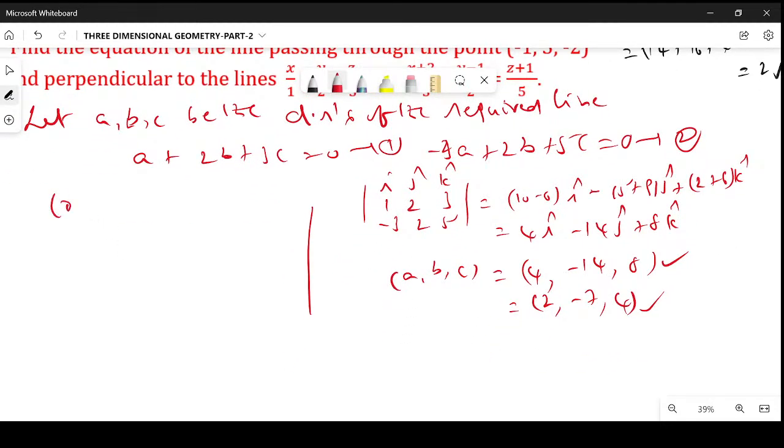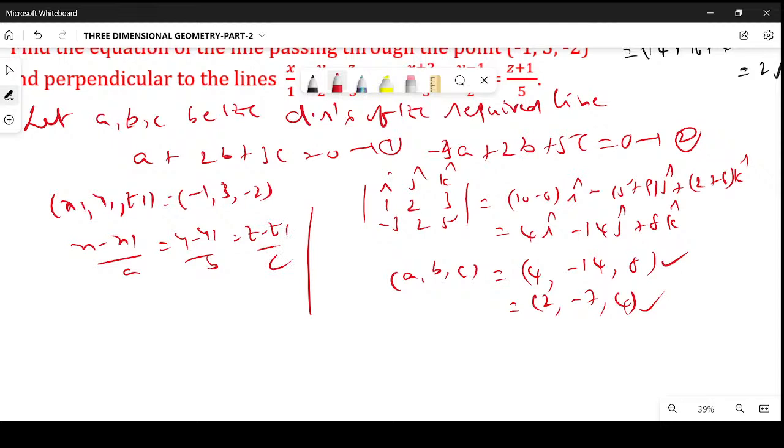So the given point (x1, y1, z1) is (-1, 3, -2). We should be careful. The required line is (x - x1)/a = (y - y1)/b = (z - z1)/c. Now I can substitute the point.